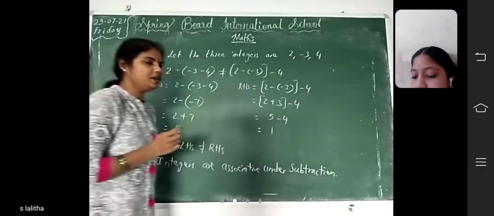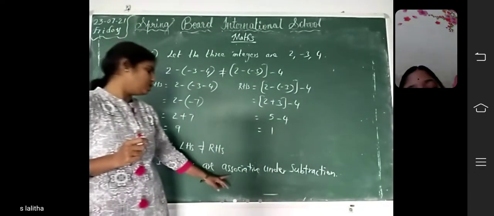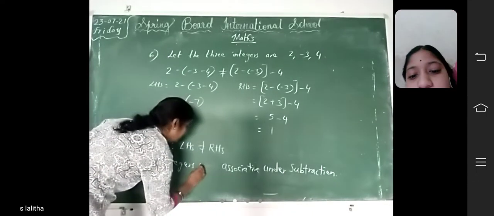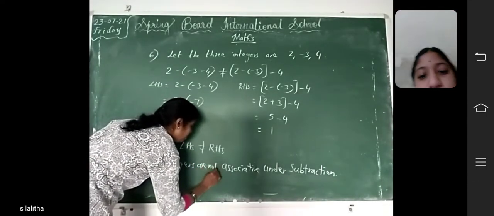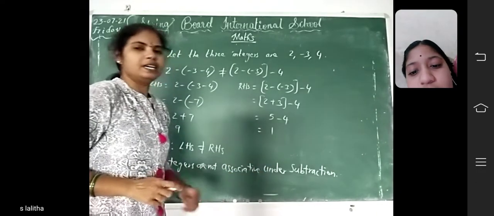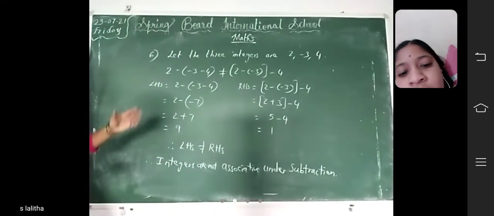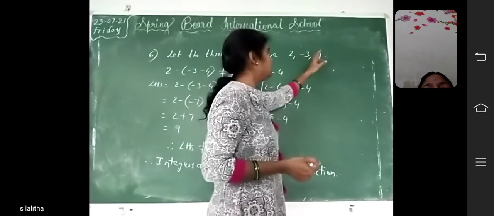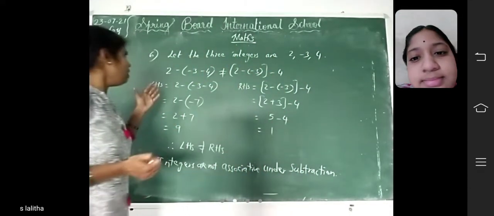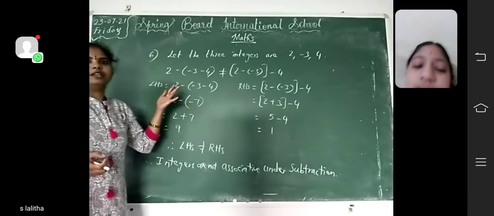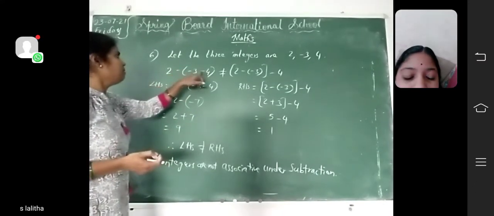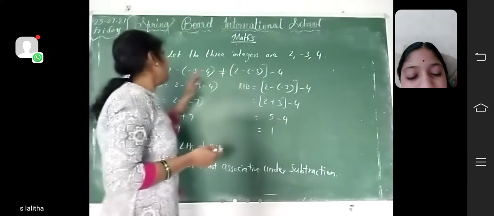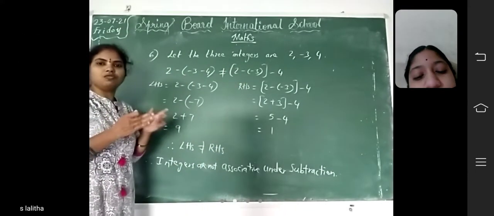Did you understand? So integers are not associative under subtraction. You should take any 3 integers as you wish. So I will take 2, minus 3, 4 here. Now you should operate with subtraction. In the associative property, first what you should do?